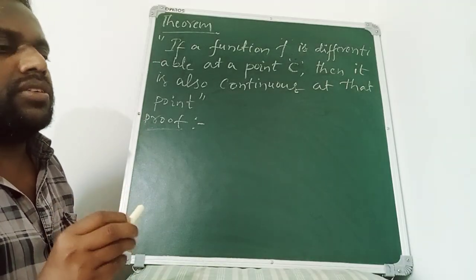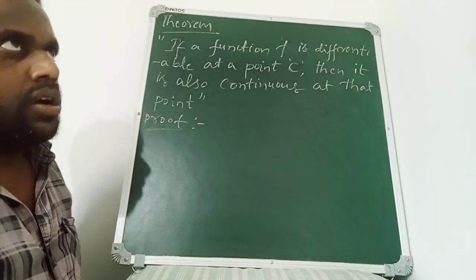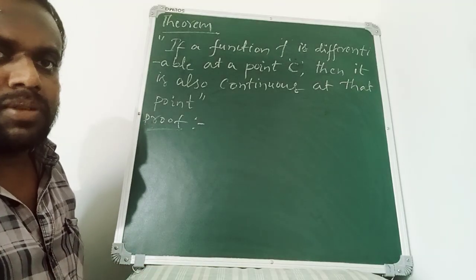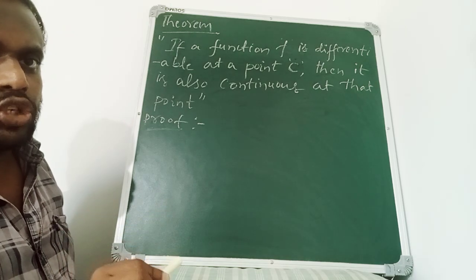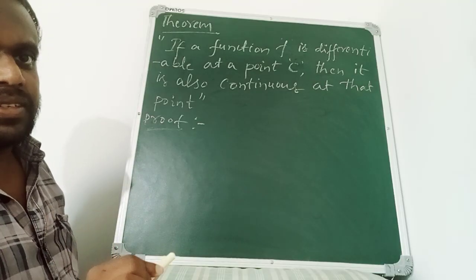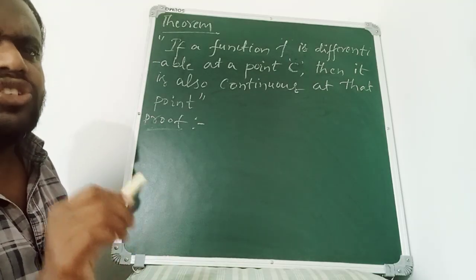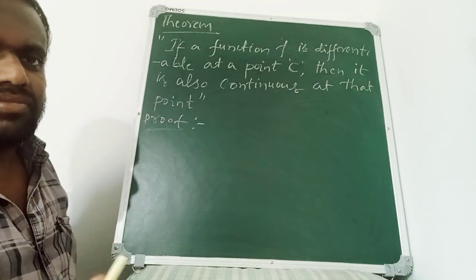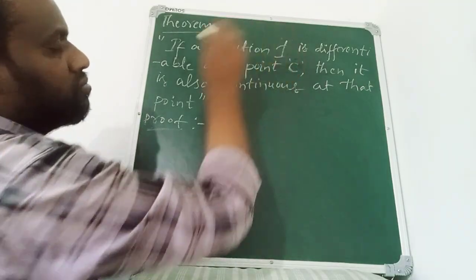They are not telling this function like x cube or x square plus 2 or x cube plus 2x plus 3. So these functions I said, x square, x cube plus 2, these are particular examples, but they are not giving any functions like that. They are just telling some function. In general, they are telling some function f.